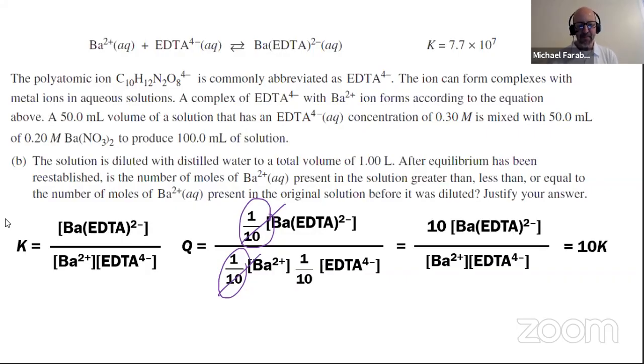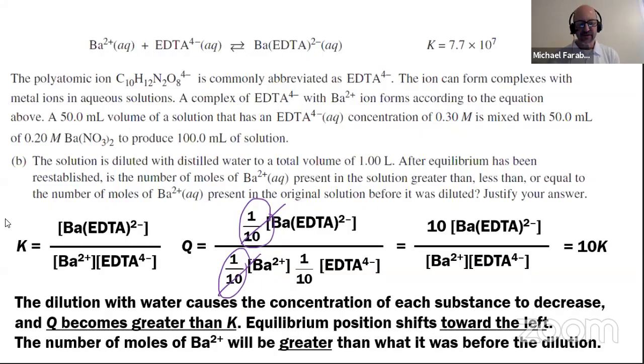So effectively, my Q is equal to 10 times the value of K. So what did the dilution do? The dilution with water causes the concentration of each substance to decrease. And then as a result, Q becomes larger than K. And when Q becomes larger than K, equilibrium will shift in this direction.